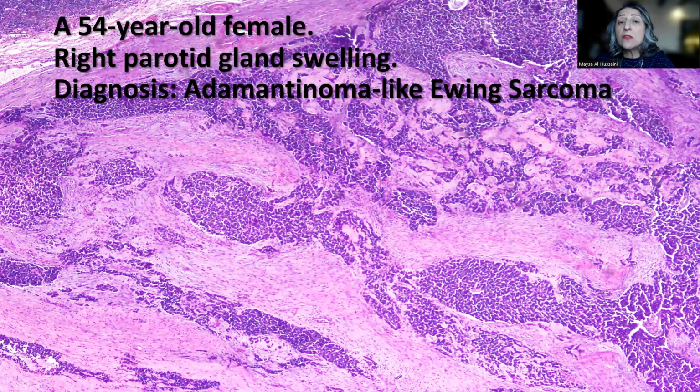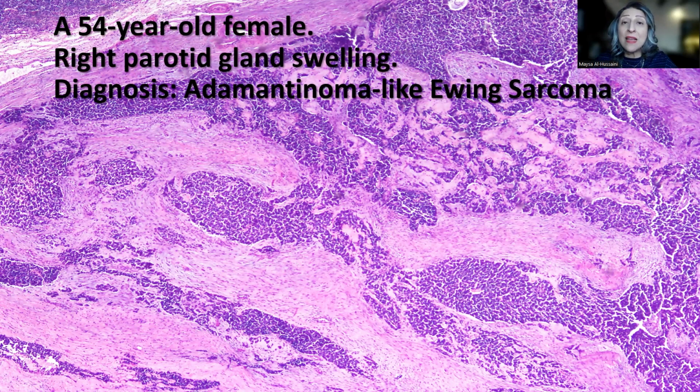This is a subset of Ewing sarcoma that shows, in addition to CD99 positivity and NKX2.2 positivity, cytokeratin positivity and P40 positivity. And this is why it has the qualification of Adamantinoma-like, because it's a sarcoma that shows this cytokeratin positivity.